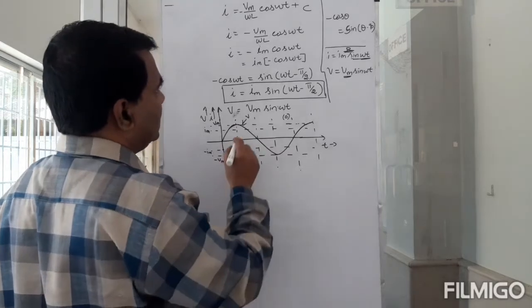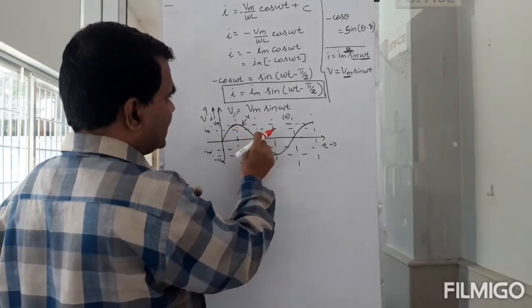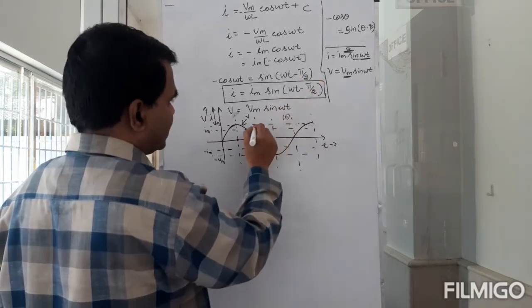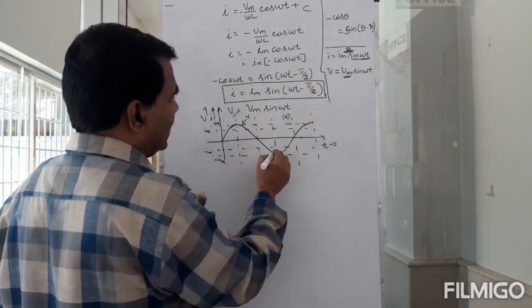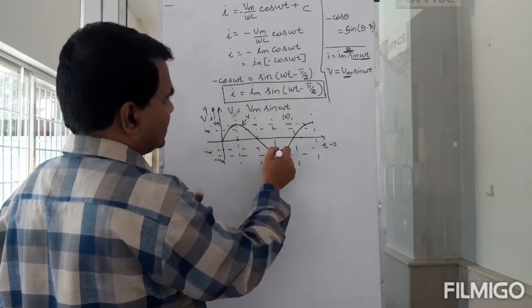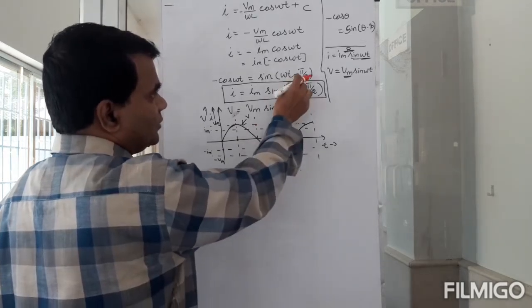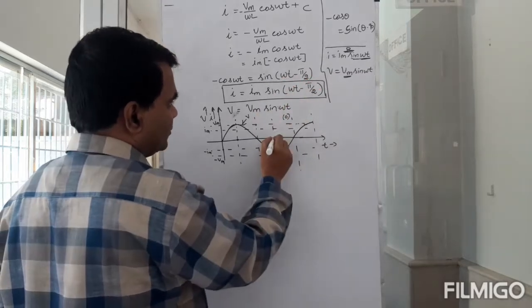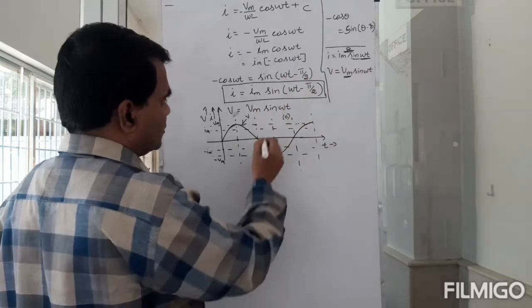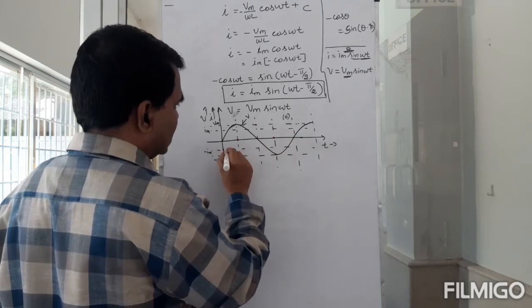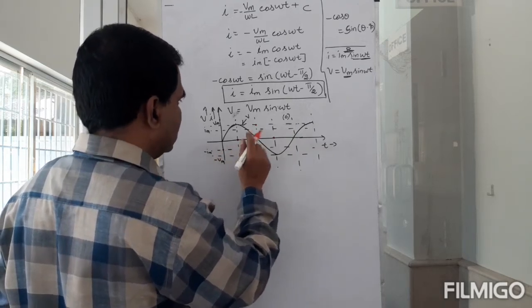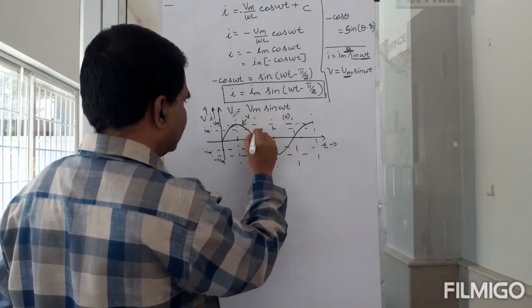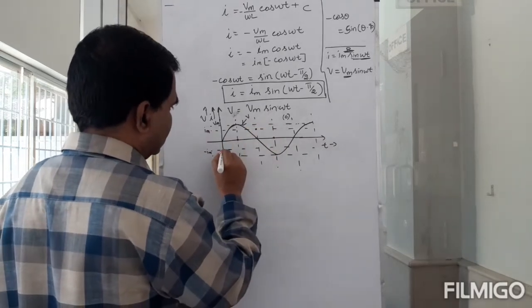And this is 180, where V is 0, but the current is at its maximum. And this is 270, so 3 pi by 2 minus pi by 2 gives you 2 pi, so you get again 0. So notice that the current is doing this.